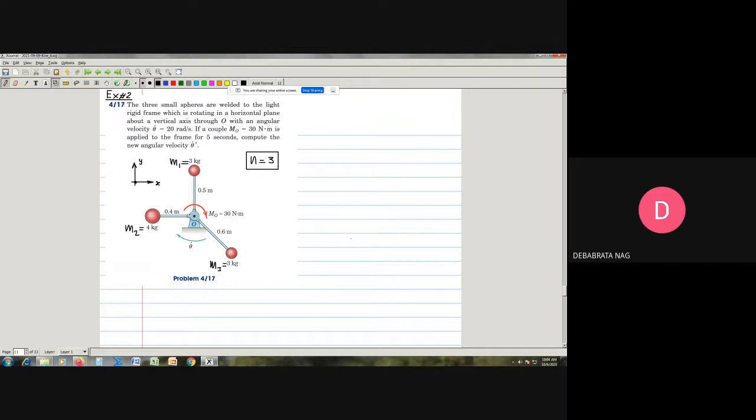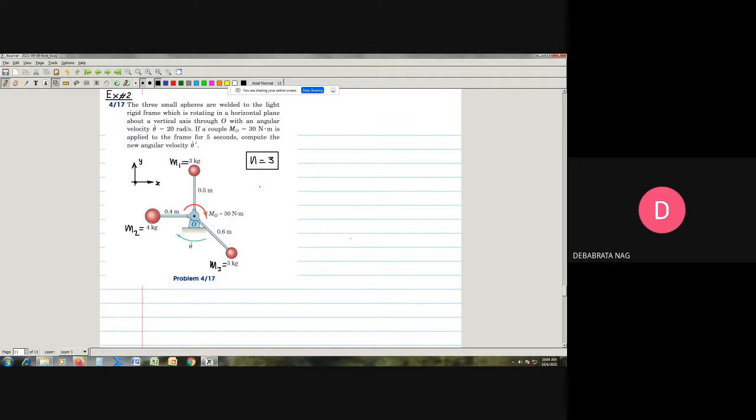That means this rotation is taking place along the z direction, and the angular velocity of this system is given as theta dot equal to 20 radian per second, shown in the clockwise direction if we look at this figure from the front.